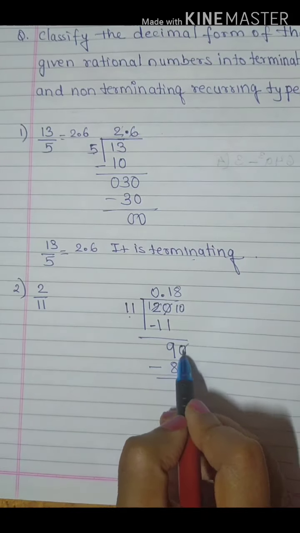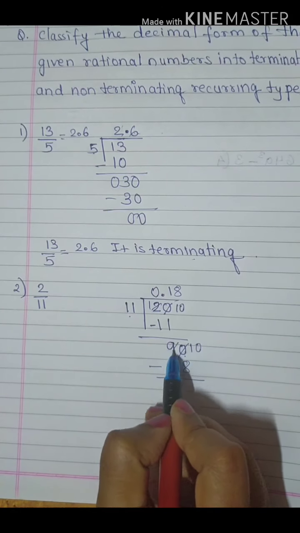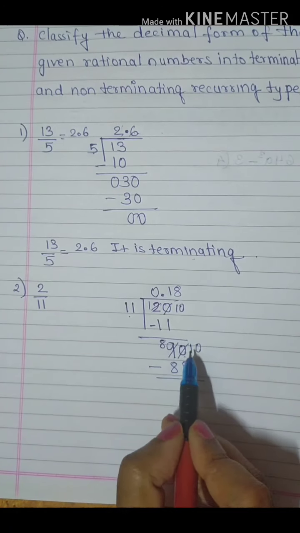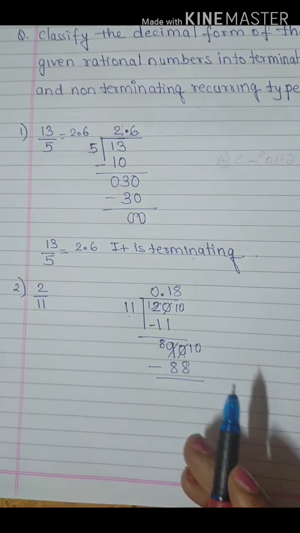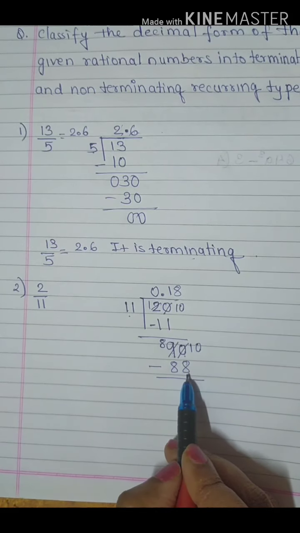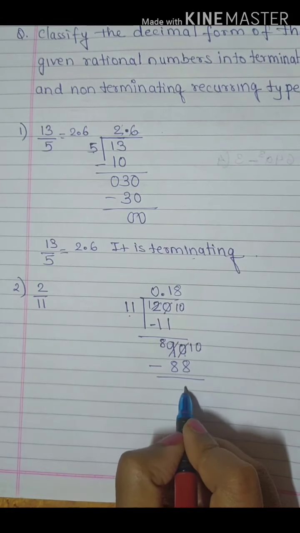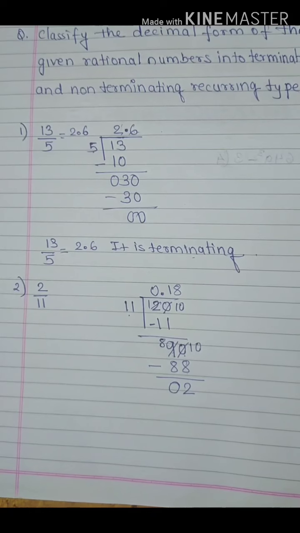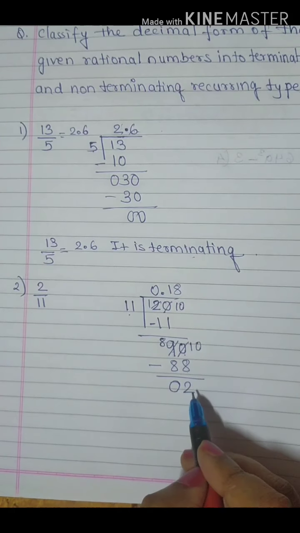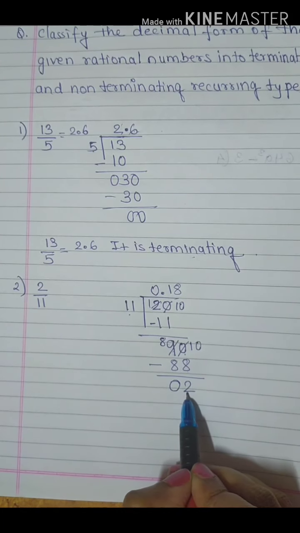Now here this will become 10 and this will become 8 because we borrow 1 from here. So 10 minus 8 is 2. 8 minus 8 is 0. Now we got 2.